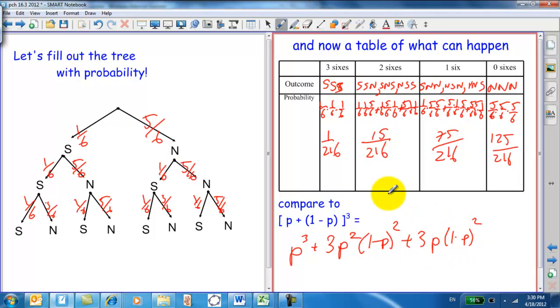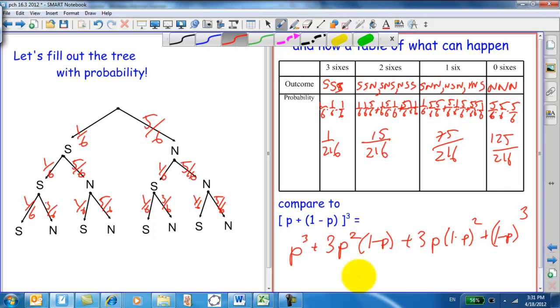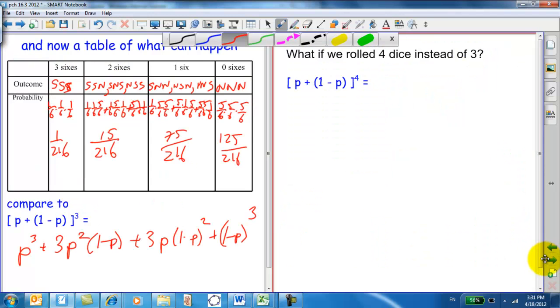I'm sorry, I got the wrong power there on that first term. Let's get that changed. There we go. Plus 1 minus p to the third. And so there you go, the binomial expansion. And see how that corresponds to what we did up here? And this coefficient from Pascal's triangle, it's counting all the ways you could get the ordering. And this is counting all the ways you can do the multiplying of the 2 6s and then 1 non-6.